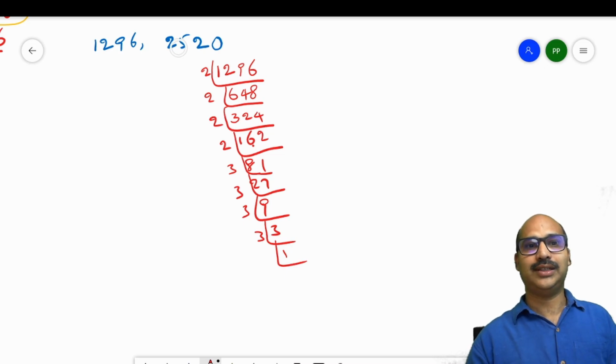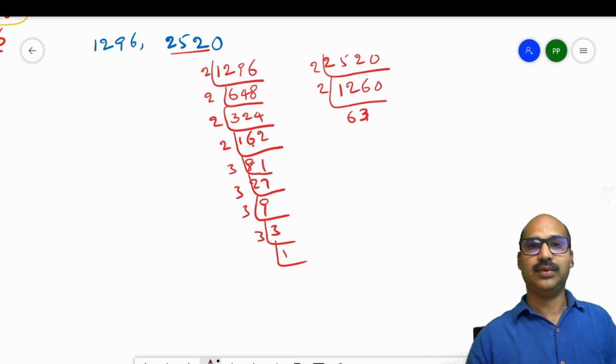Now let us factorize 2520. 2 1s are 2, 2 2s are 4, 1 2, 2 6s are 12 and 0. 2 6s are 12, 2 3s are 6, 0. 2 3s are 6, 2 1s are 2, 1 0, 2 5s are 10. 3 1s are 3, 3 5s are 15.